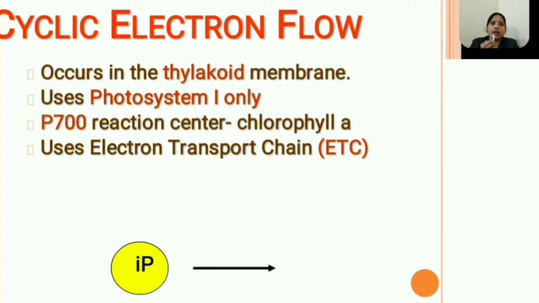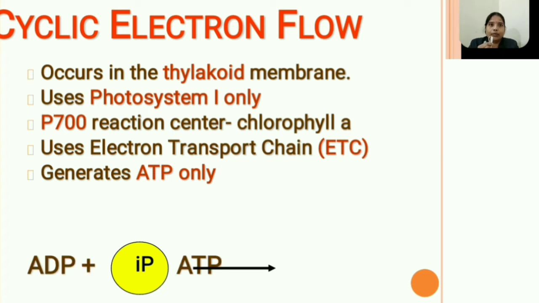It uses the electron transport chain, ETC. Only ATP is generated from this cyclic electron flow, meaning adenosine diphosphate plus inorganic phosphate is converted into adenosine triphosphate.